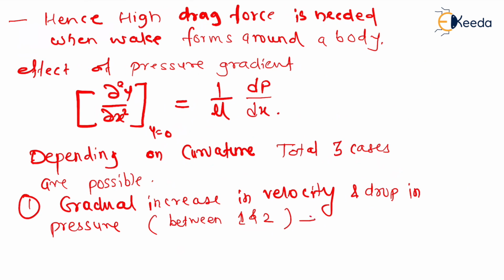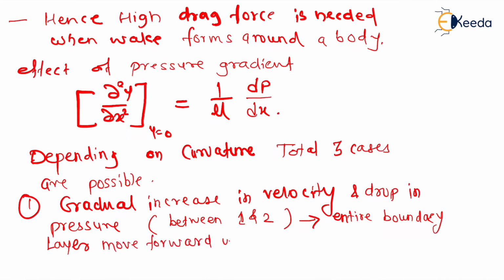So in this case what actually happens, the result is entire boundary layer move forward until pressure gradient becomes negative.